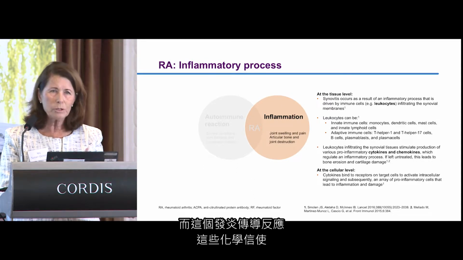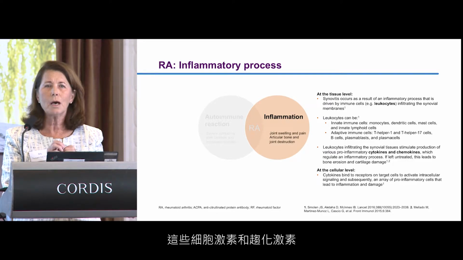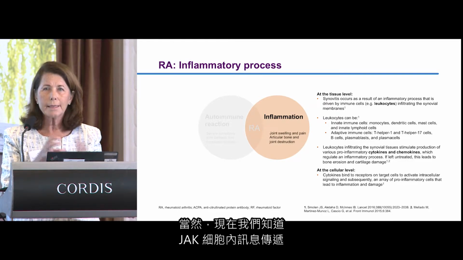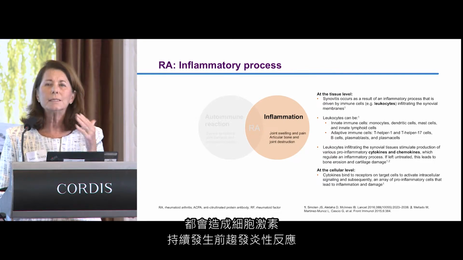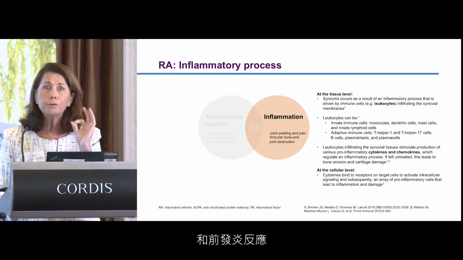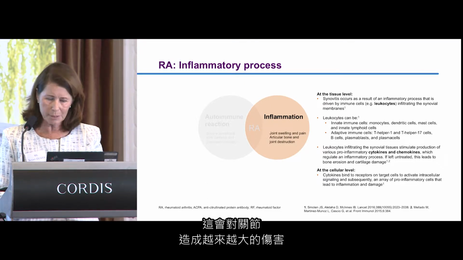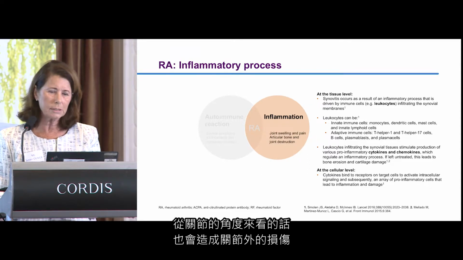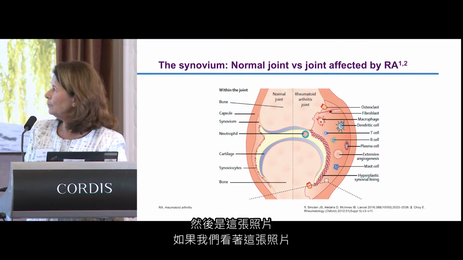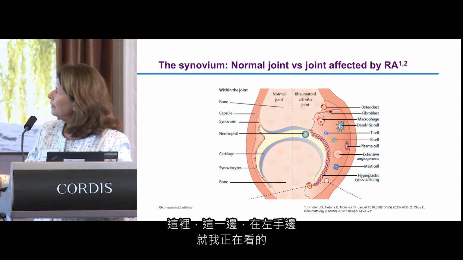Then these chemical messengers, these cytokines and chemokines, and of course now we know JAK intracellular signaling, all cause the cytokines to continue the inflammation effect. And that just becomes more and more damaging to the joints, but also extra-articularly.